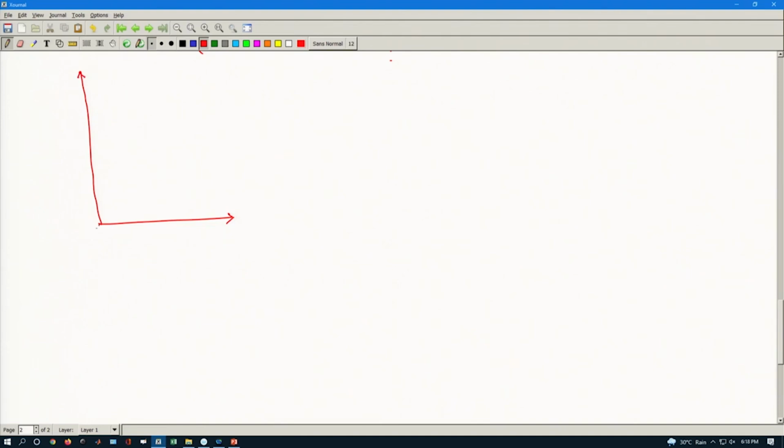So, let us consider a coordinate system as usual, and then I draw a wire here.